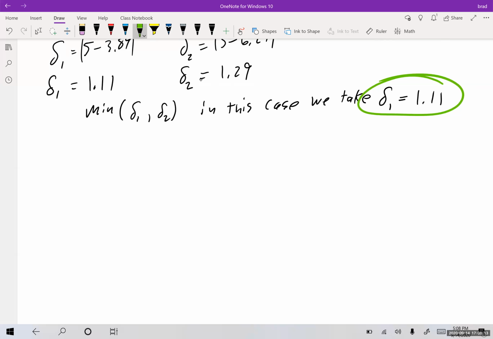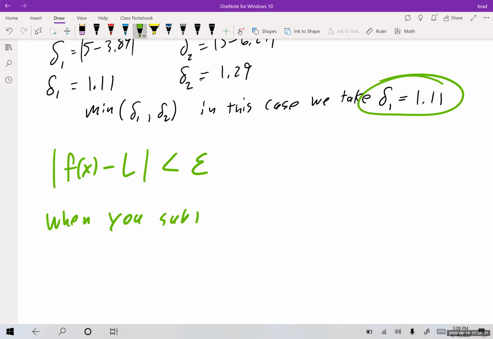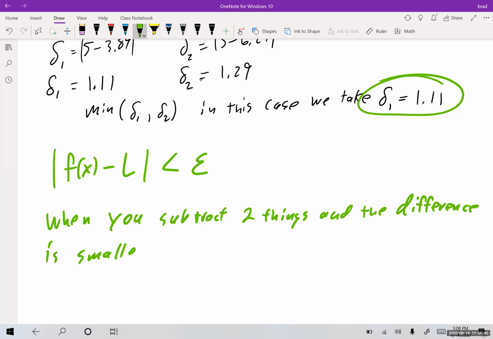So think about this statement. When you say f of x minus L is less than any epsilon you come up with, couldn't epsilon be very, very small? So when you subtract two things and the difference is smaller than the smallest value you can think of.